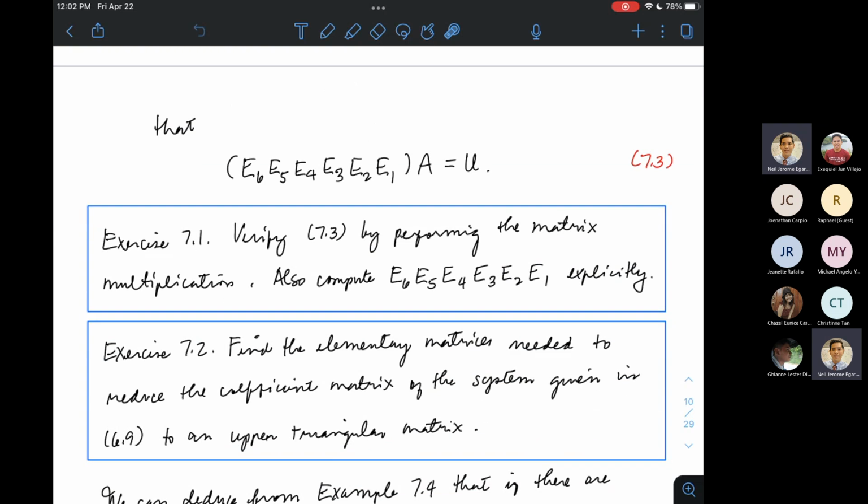So just a quick recall: the elementary matrices are matrices that came from the identity matrix, and then we performed the elementary row operation that we performed on the augmented matrix A. All right? So we get the matrices to pre-multiply to matrix A to recreate the entire Gaussian elimination process.